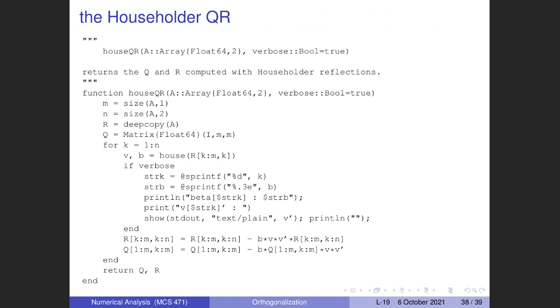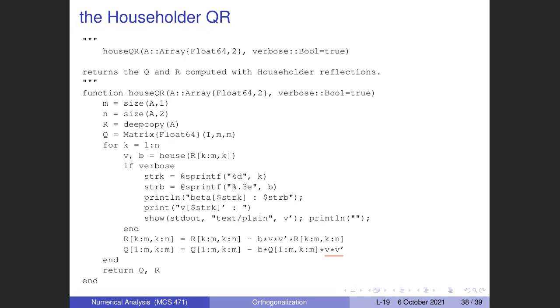After we have the computation of the Householder vector and the beta, the algorithm can be defined very shortly. The bulk of this method is actually the printing, to allow you to see the progress of this algorithm. But here you see the update of R and the update of Q. Now this is a mathematical algorithm.